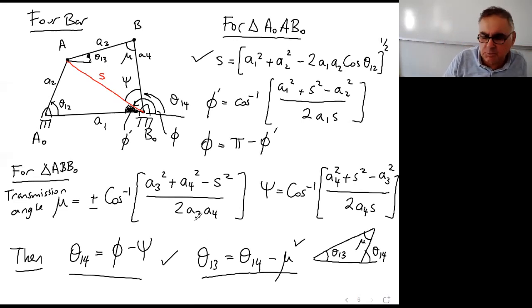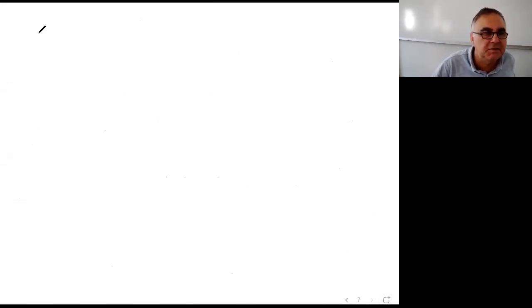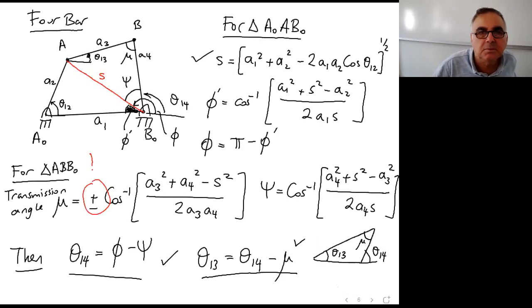One thing that is not obvious is this part. What is this plus minus thing? Okay. This plus minus thing corresponds to the cross position of the 4-bar mechanism. Again, I wish I could just copy it from the previous page. Is it possible? Sure.